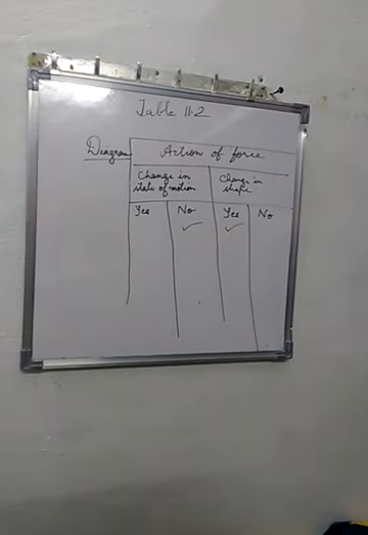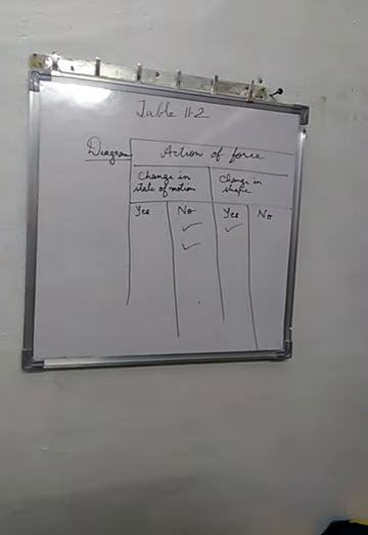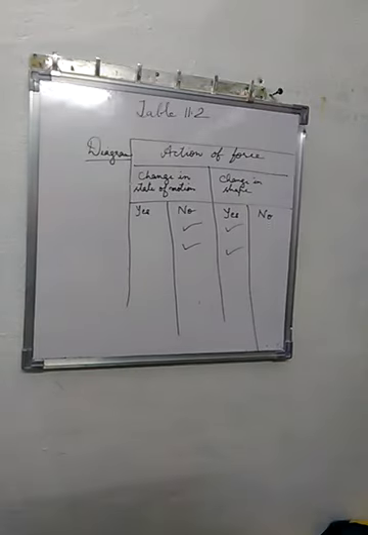Then spring fixed to the seat of a bicycle. So how to apply force? By sitting on it. Change in its motion, no, motion doesn't change, the seat doesn't start moving. But change in its shape, yes, the shape changes.